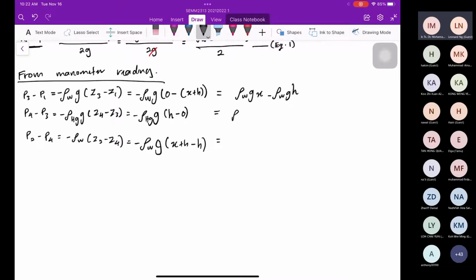So this is negative rho of mercury, gravity, H. And then this is negative rho of water, gravity, X, minus rho of water, gravity, H. Basically no need, this is cancel.